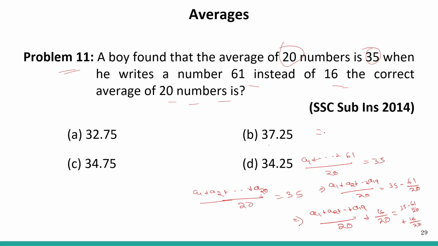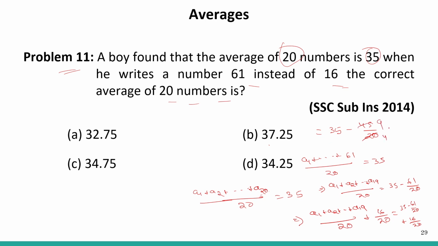So by subtracting 16 from 61, we are left with 45, right? 35 minus 45 by 20. So this will be 9 by 4.